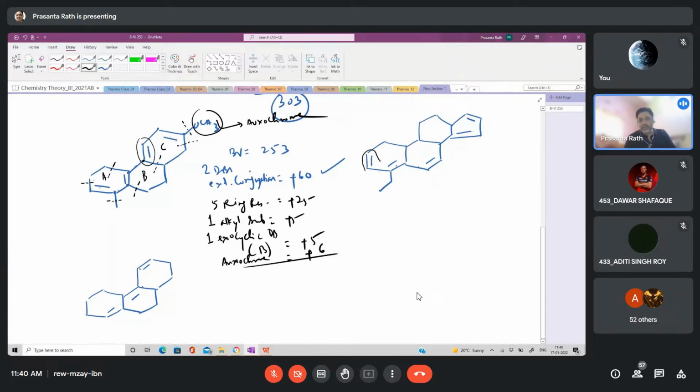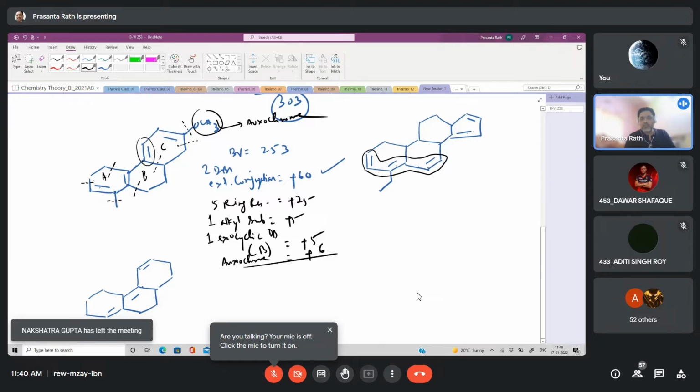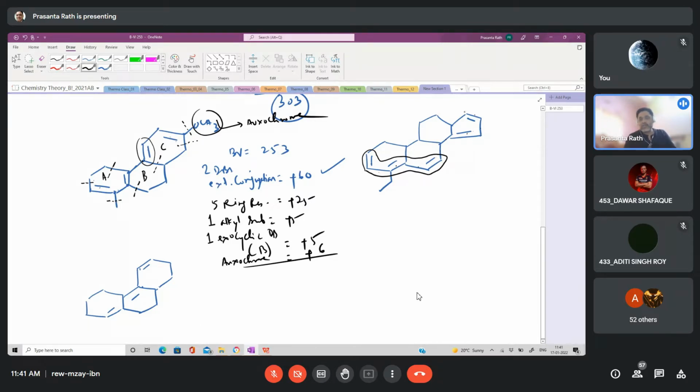That means this is your main system and this is your extension. But you see, double bond, then single bond, double bond. That means this double bond is not in conjugation with this. So that is not an extension. It ends right here, this is not an extension. So double bond, single bond, double bond, this is actually another system. This is another system. That means there are two chromophores actually. This is chromophore number 1.